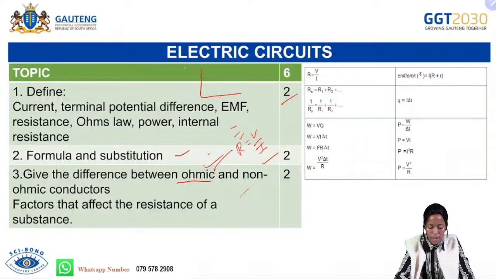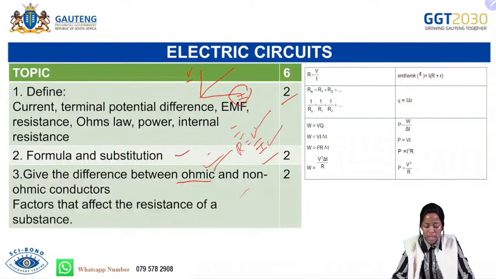Because for the graph, you will have the potential difference as well as the current. So remember, if you are looking for the gradient of the graph, it's the y-axis, which is change in V, divided by the x-axis, which is change in I. So change in V divided by change in I is going to give you the gradient. The gradient is therefore given by the resistance.